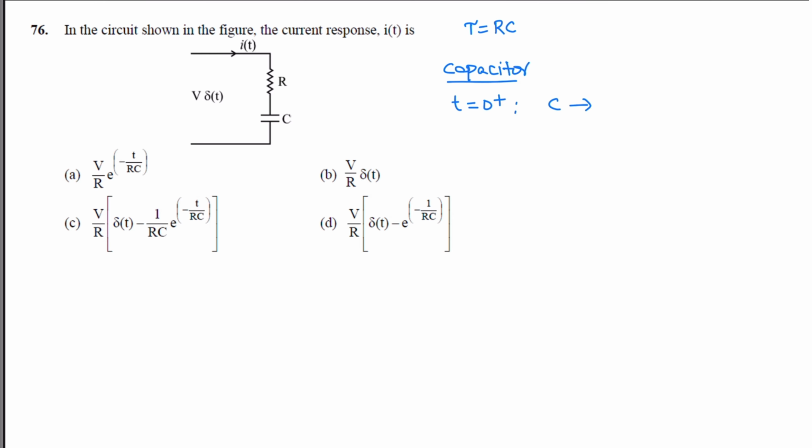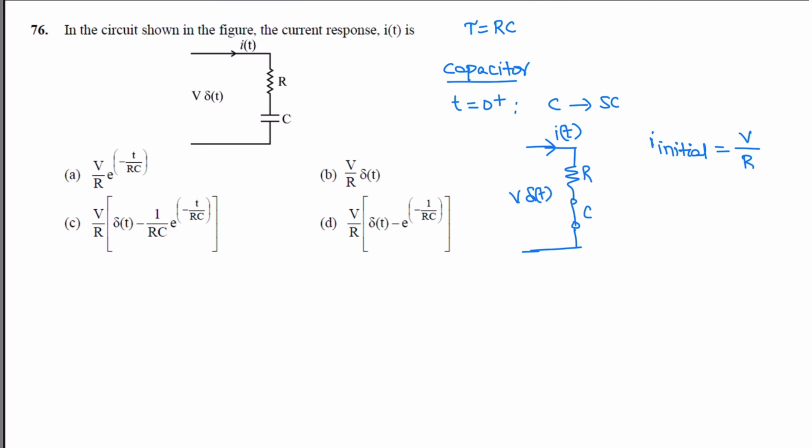So the capacitor is a short circuit, and the equivalent circuit has the source V delta of t, current i(t), and resistance R, with the capacitance acting like a short circuit. The initial current I initial is V by R.